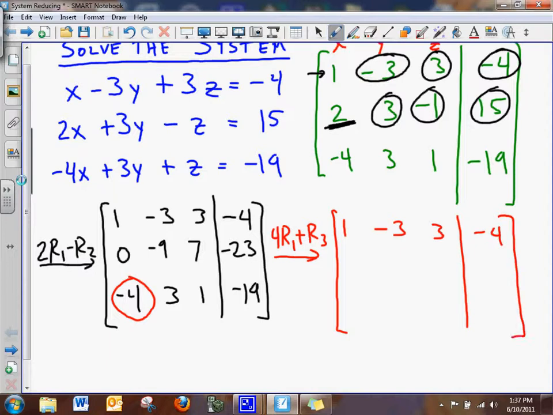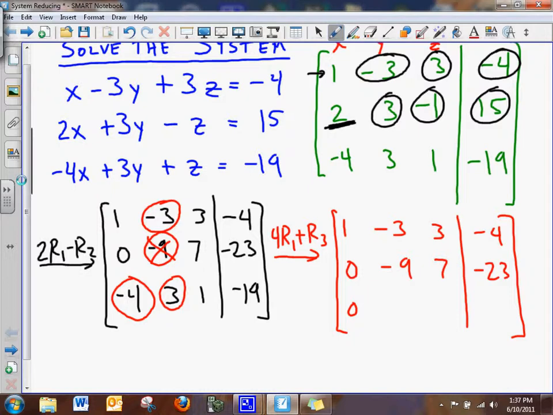I'm going to rewrite those as they were. And I'm only changing the last row. So this is a 0 now. So 4 times row 1 plus row 3. 4 times this plus this. My bad. 4 times row 1.